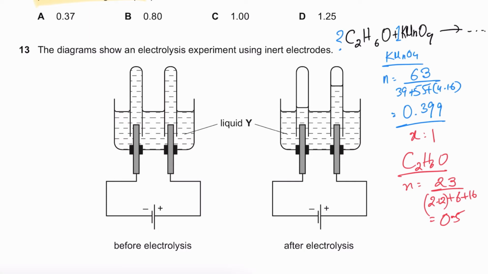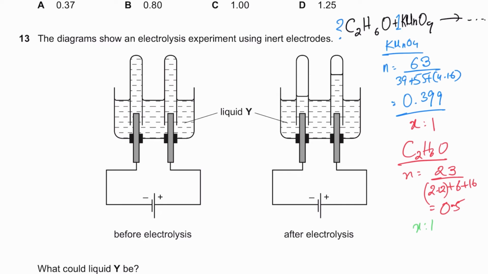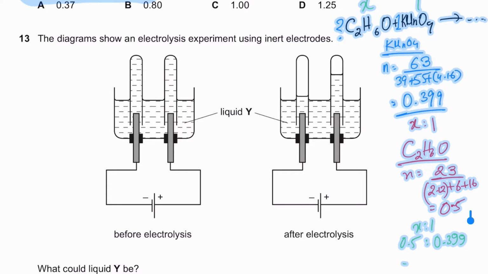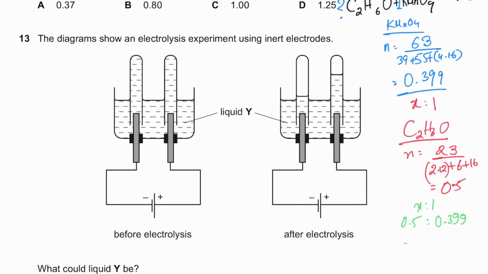So now we can do X is to 1. Let's consider ethanol X and potassium permanganate, which is 1 mole. And then we know the moles of ethanol. We also know the calculated moles of potassium permanganate. Okay, then we're just going to be going ahead and cross multiplying.